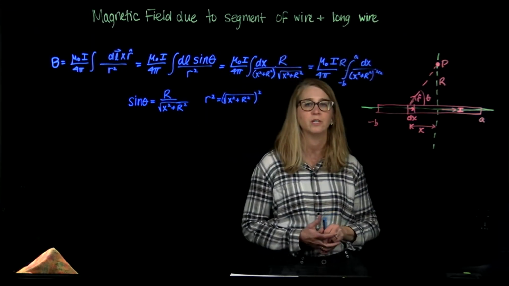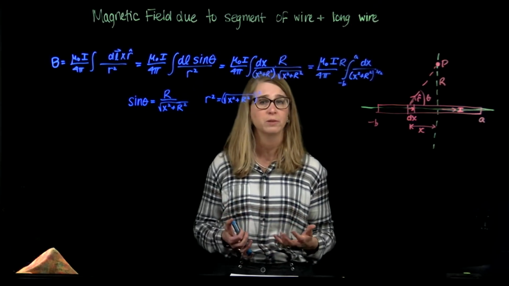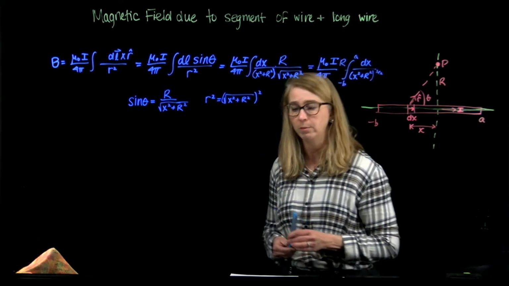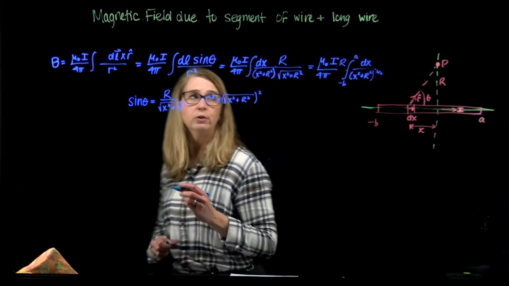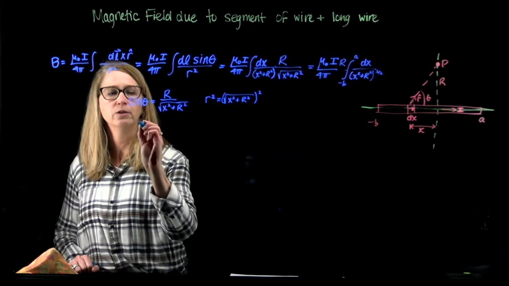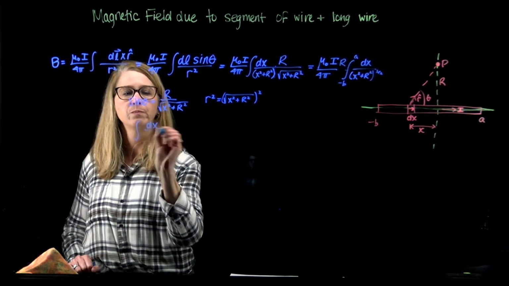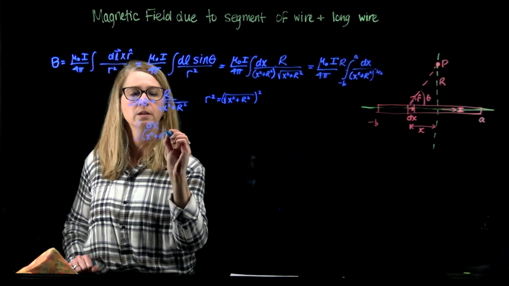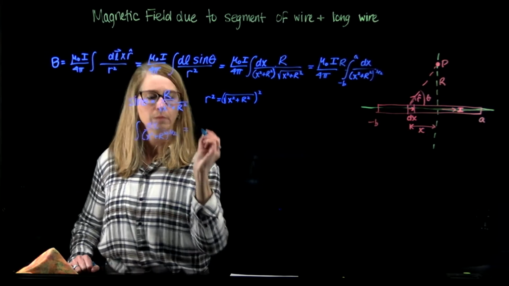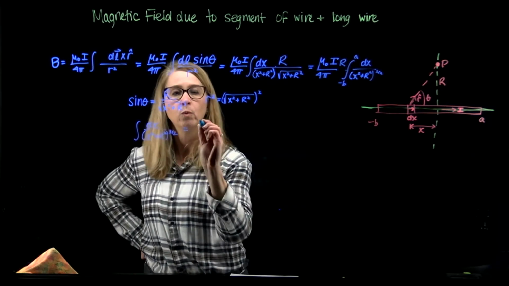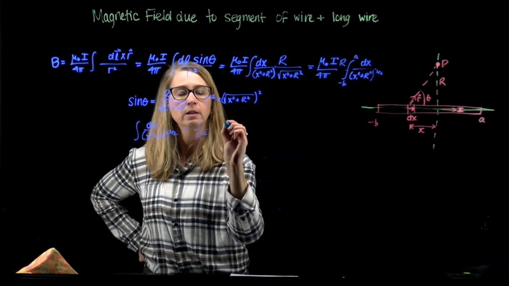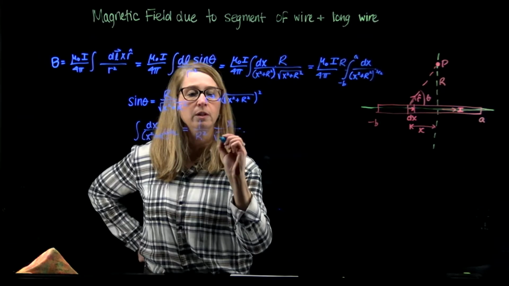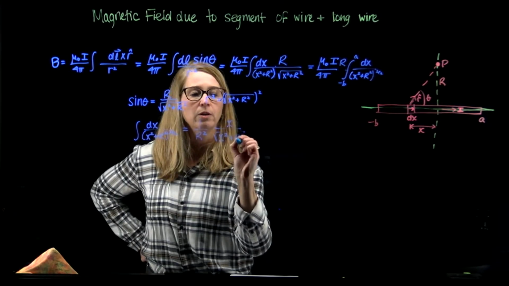So that integral is an integral that I could solve through trig substitution, or I might want to look it up on an integral table. And if I do, I could find that the integral of dx over x squared plus R squared to the 3/2 can be written as 1 over R squared times x over the square root of x squared plus R squared.